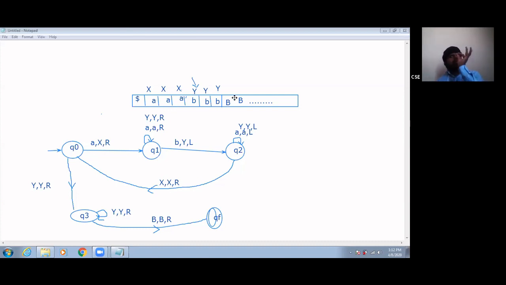This is very simple. The only thing to keep in mind is that you have to analyze the problem and try to develop the logic. The construction of the Turing machine is dead easy. Once you implement this logic, the remaining is very easy. So try to follow this same approach, and try to construct the Turing machine for a to the power of n, b to the power of n, c to the power of n also, because that problem we cannot solve using a push down automata.